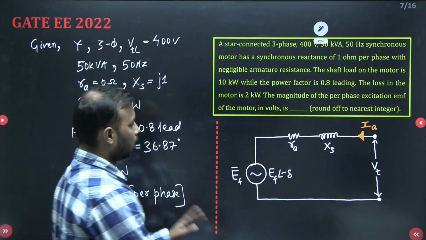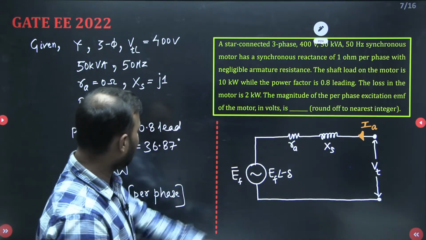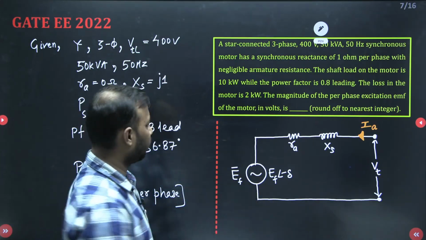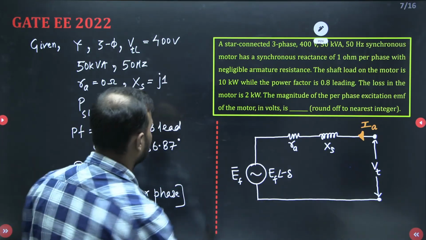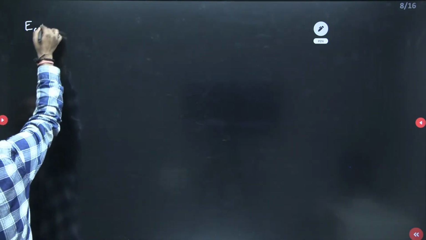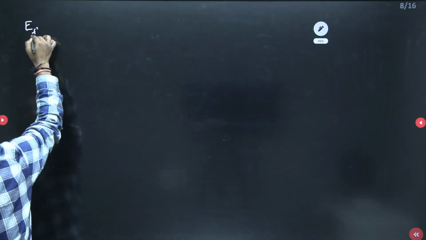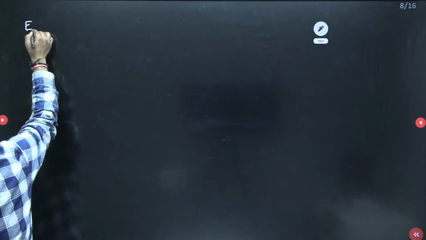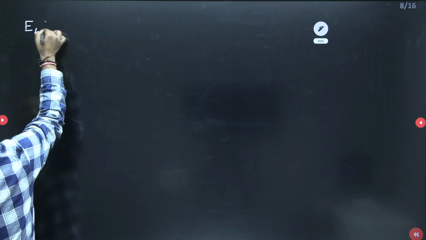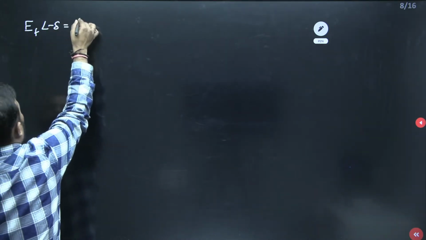So from here we need to have the equation of the EMF. So how can we write the EMF equation? EF at an angle minus del is equal to VT.